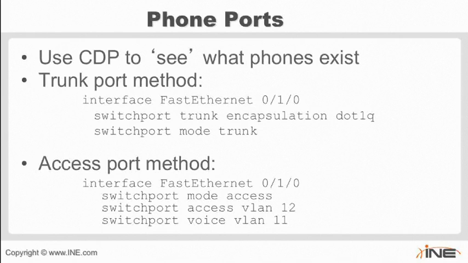Okay, with CDP, it's important to note that there are two versions, version 1 and version 2. And version 2 is the standard and the default, but it's possible that the lab could change any parameters or any configuration before you get in there. And version 1, amongst other things, doesn't carry any voice VLAN or auxiliary VLAN data.